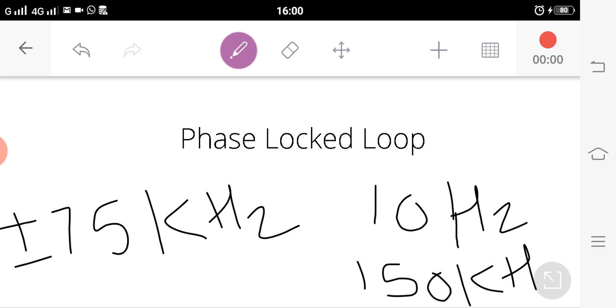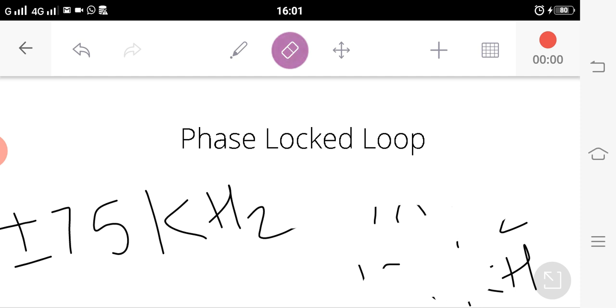So though it is a non-linear system, the detailed analysis will help us to understand further how FM demodulation can be done with the help of this phase lock loop.